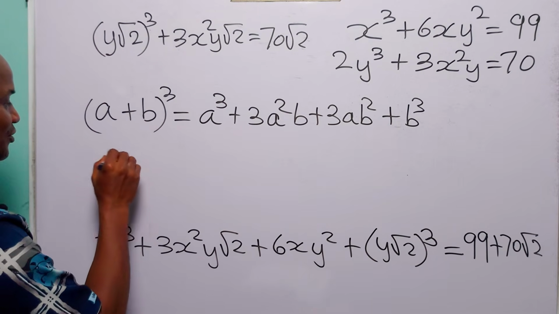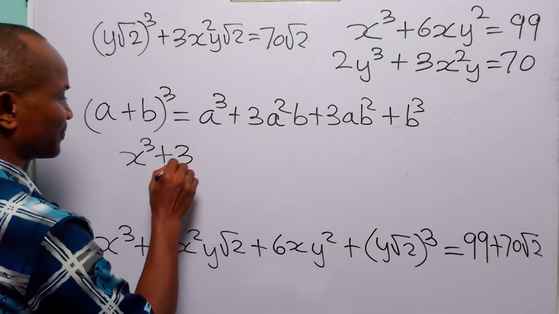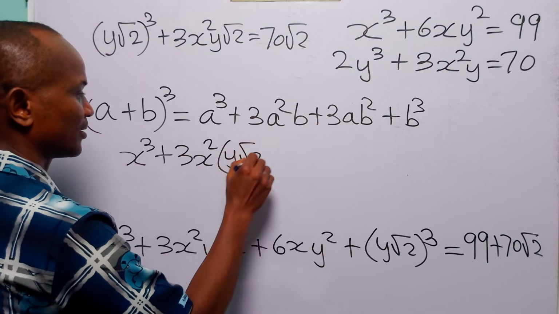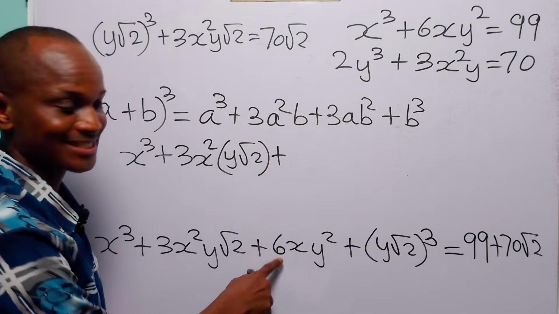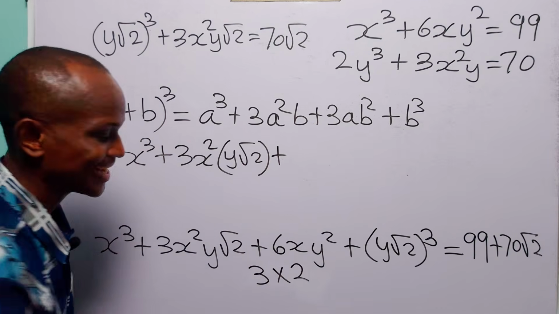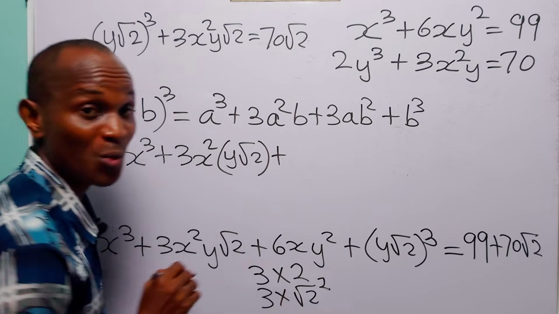We have x cubed plus 3x squared y root 2 plus 6, which is 3 times 2, which is the exact same thing as 3 times root 2 squared.